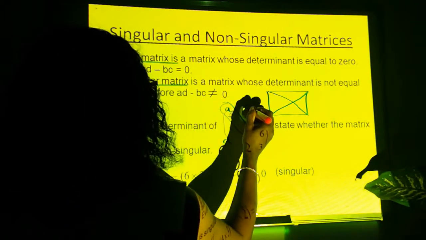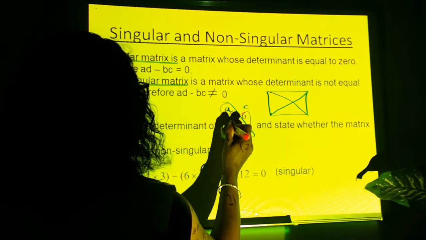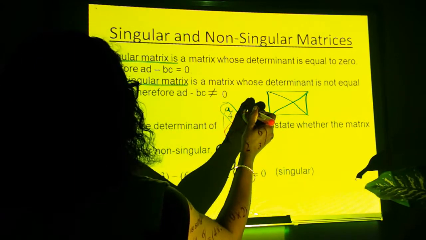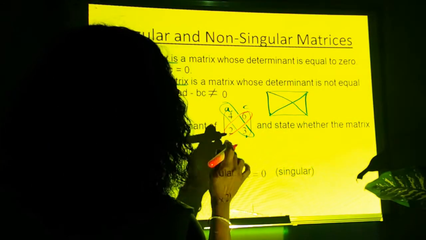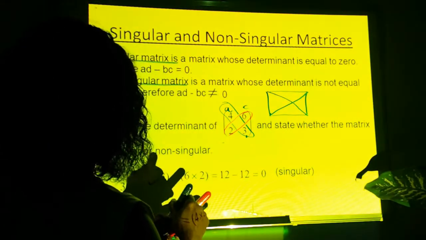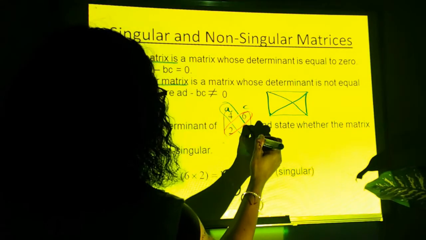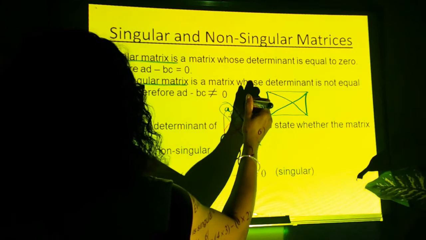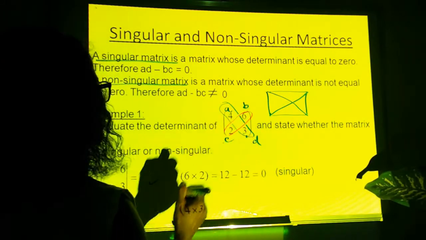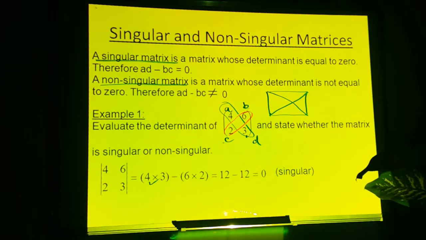So there are two diagonals here. The blue diagonal is AD and the red diagonal is BC. Don't get them mixed up now.